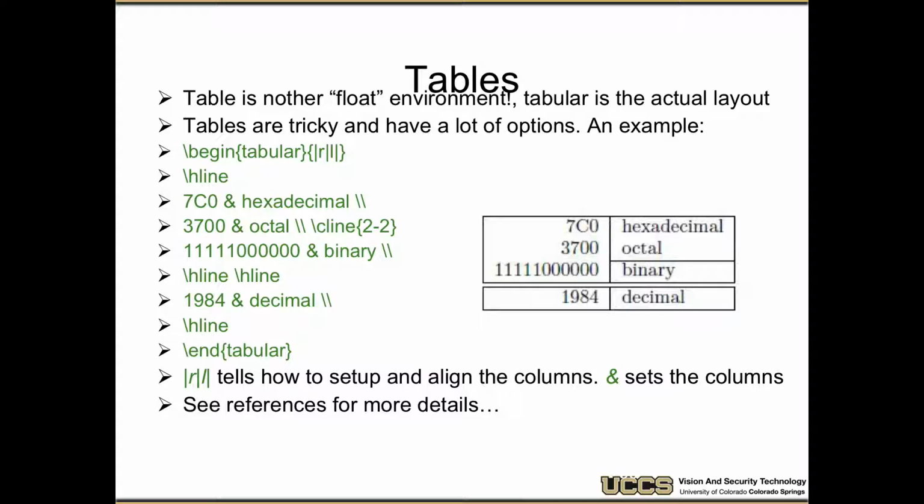I can say how to align things, so I can say right and left, and this actually says right with left with a vertical bar in between them. And then I can have a horizontal line, do some stuff, add a new line. This is one of the few places where I actually say add a new line. It's like I'm done with my line. Some new things: I can actually have things that put lines between only pieces instead of whole lines. And the tabular environment is very powerful, and you can set stuff up.